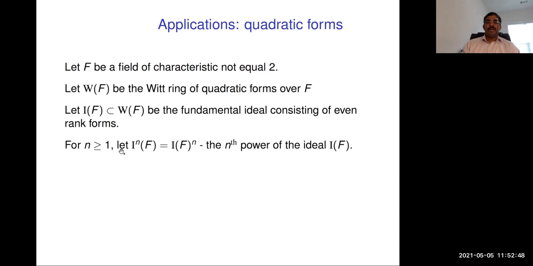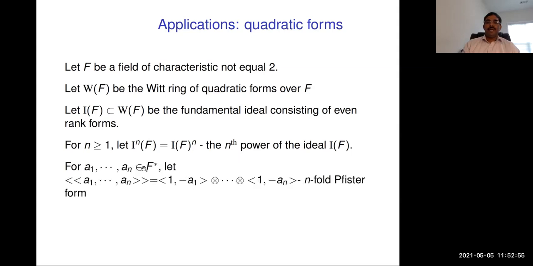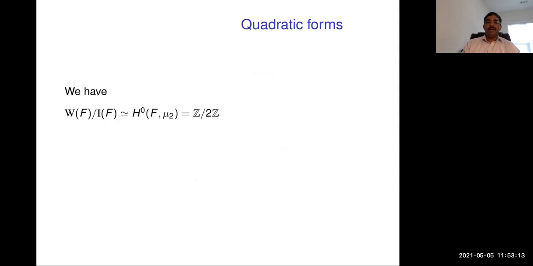For n greater than or equal to 1, let I^n(F) be the nth power of this ideal. Given any a_i in F^*, let <<a_1, a_2, ..., a_n>> be the tensor product of the binary quadratic forms. This is called an n-fold Pfister form. It is easy to see that I^n(F) is generated by these n-fold Pfister forms. We have that W(F) mod I(F) is just the dimension mod 2, which gives an isomorphism.